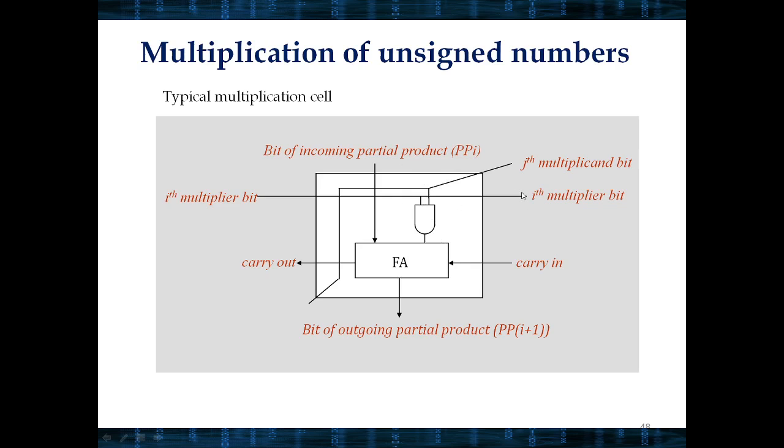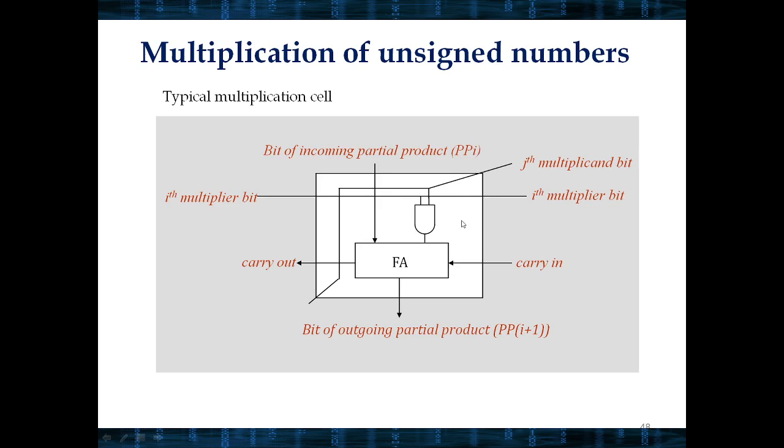If qi is 1, then we will be adding the multiplicand bits to the partial product. If qi is 0, then we will take the value as 0 and the previous partial product will be taken downwards.